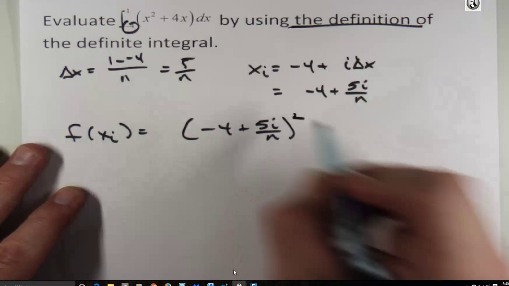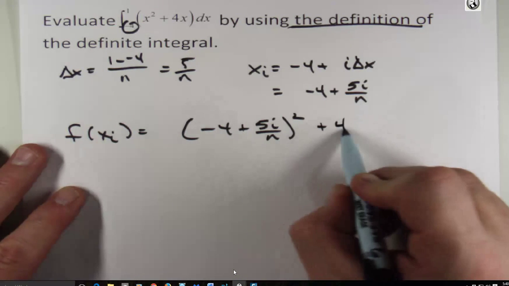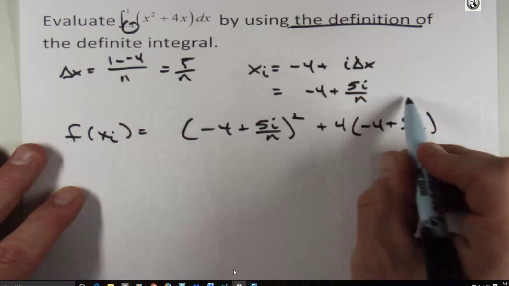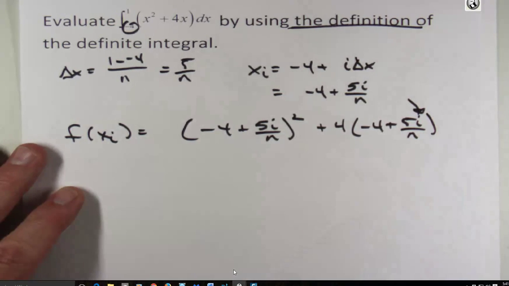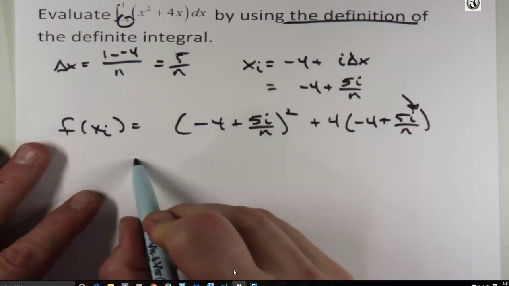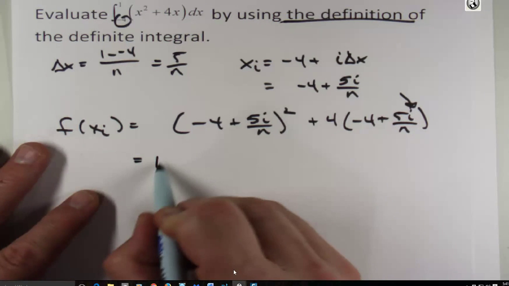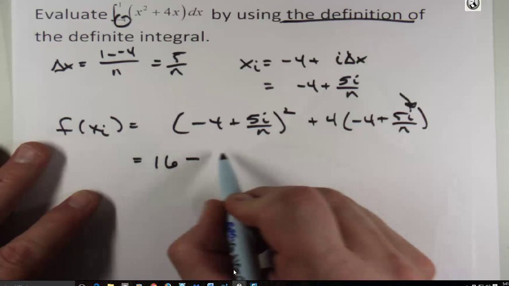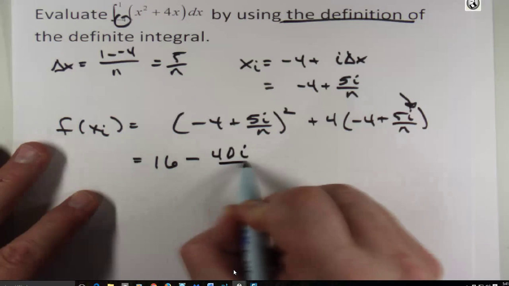F of x sub i will be (-4 plus 5i over n) squared. Don't forget to square it like I did today. Plus 4 times (-4 plus 5i over n). Be careful here. I dropped the i. Don't ask me why I did it. So this is a binomial. I get 16 minus, -4 times 5 is -20, doubled is -40. Don't forget the i over n.